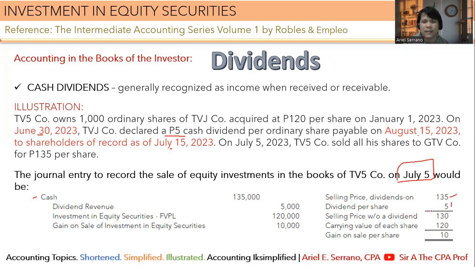So, the selling price of the share without the dividend is 130 pesos. Now, the carrying value of each share is 120 peso. Okay? So, meron tayo dito, 10 peso per share na gain on sale. So, ano ang journal entry natin dito? Nag-debit tayo. Okay. Tama naman pala yung date.